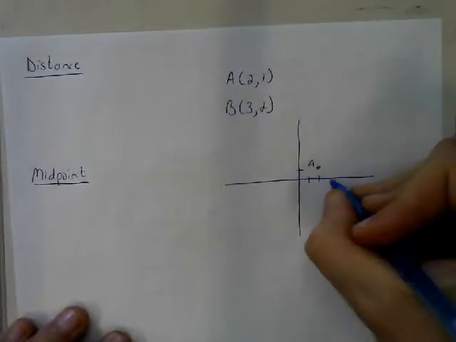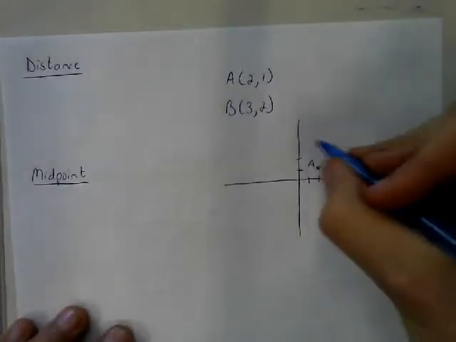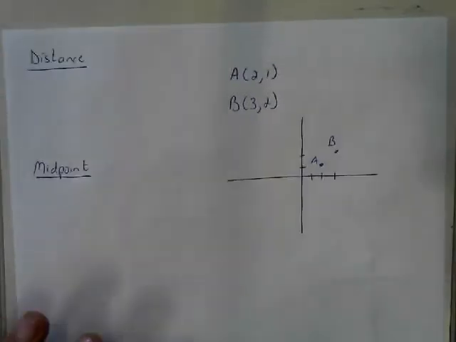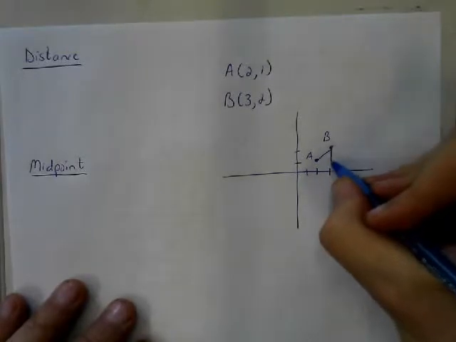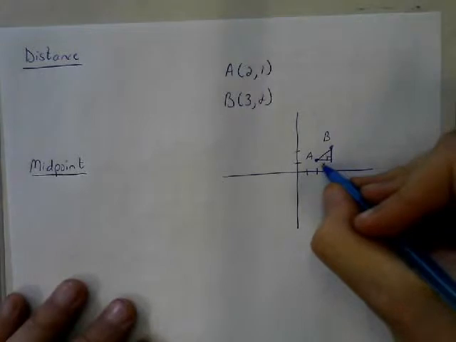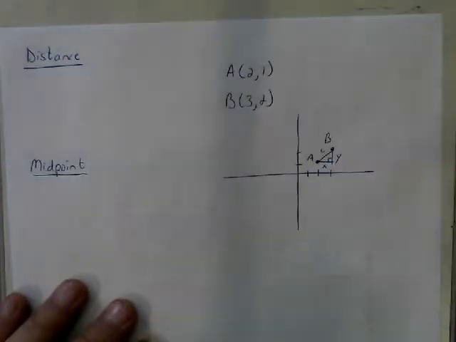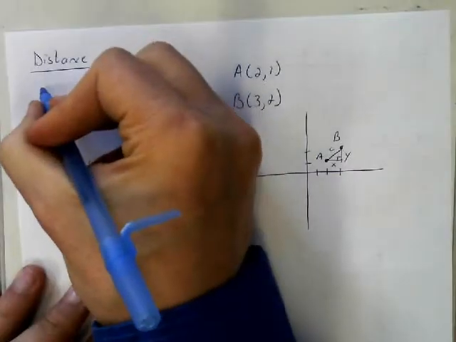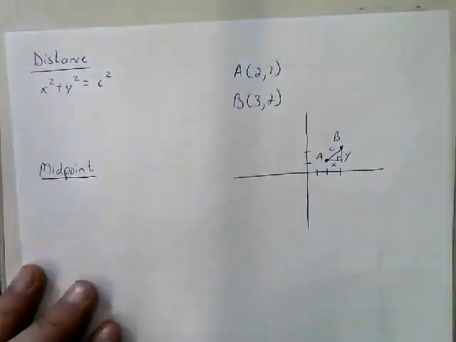there's A, and B would be 3, 2. In reality, the distance formula is nothing more than this right triangle, or Pythagorean theorem, where we have the x distance, the y distance, and then you'd have c. So in reality, the distance formula is nothing more than x squared plus y squared equals c squared.